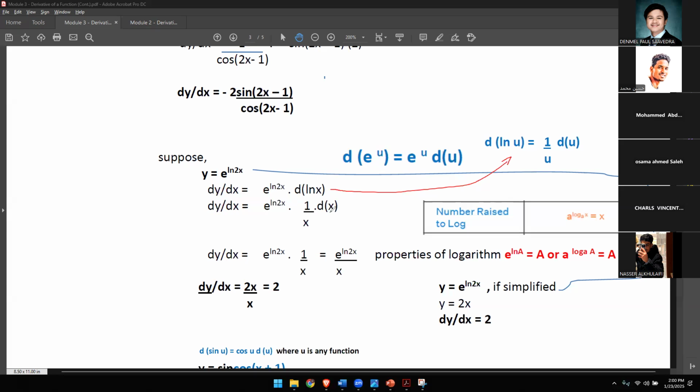And the derivative of x is just simply 1, correct? So 1 times 1 is 1 over x. So this entire here is now this 1. e raised to ln of 2x is still the same as it is. Simplifying this further, just multiply side by side, and you will get e raised to ln 2x over x.